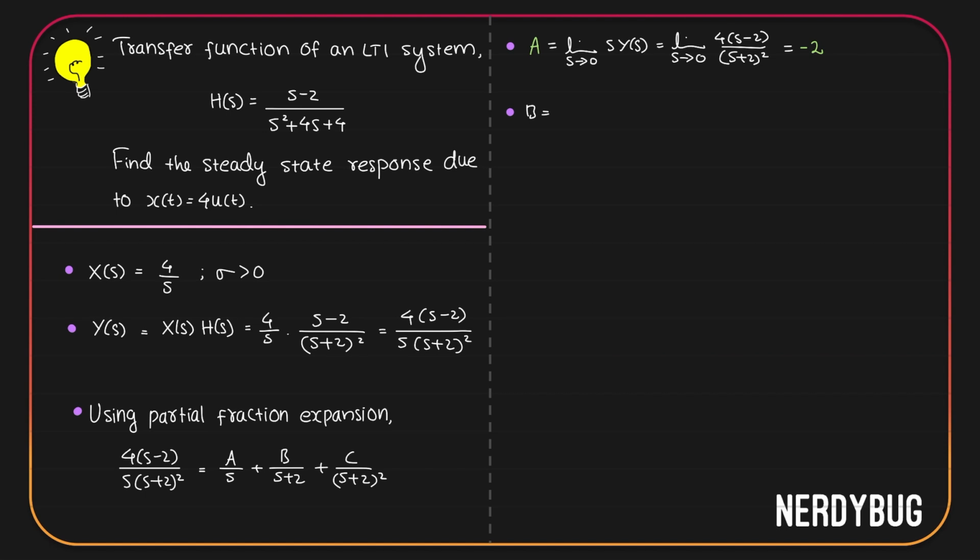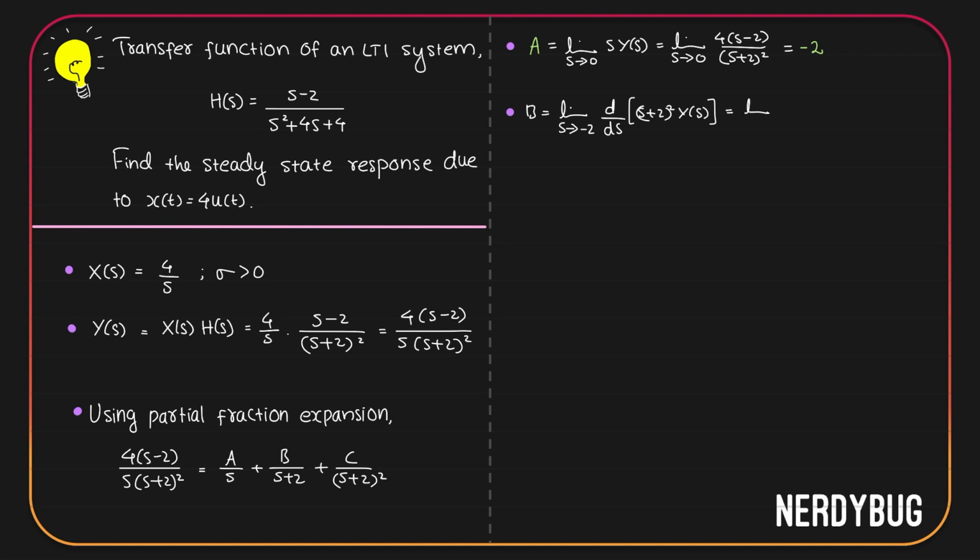Now to get b, we'll take limit s tends to, the pole corresponding to b is minus 2, d by ds of s plus 2 whole square multiplied by y of s. We are doing this because at s equal to minus 2, a pole is being repeated.